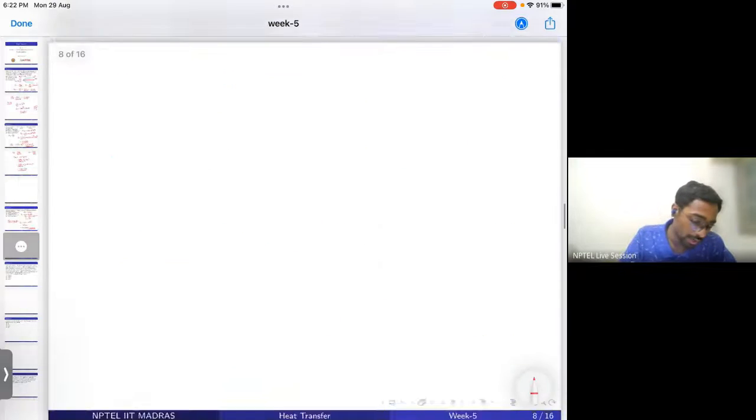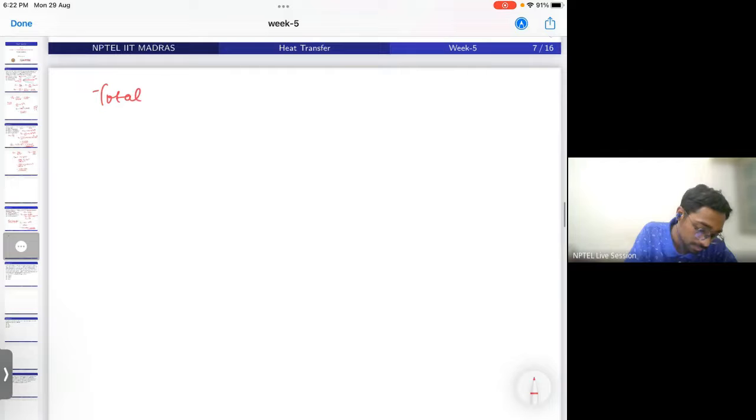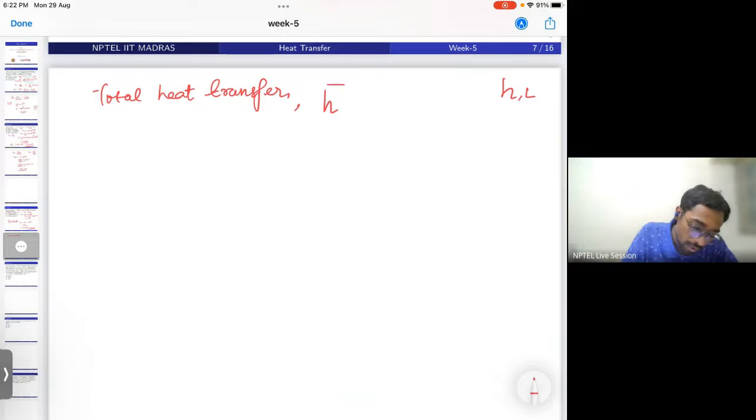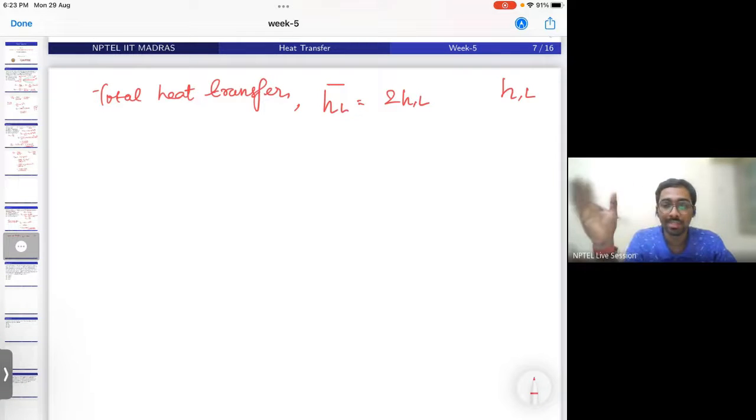So next we need to find out the total heat transfer. We already found the heat transfer coefficient at the trailing edge. We know the average heat transfer coefficient over the length is 2 times HL, that is 2 times the heat transfer coefficient at the trailing edge. I'm not going into the derivation; you can refer to the lectures for how this 2HL comes.